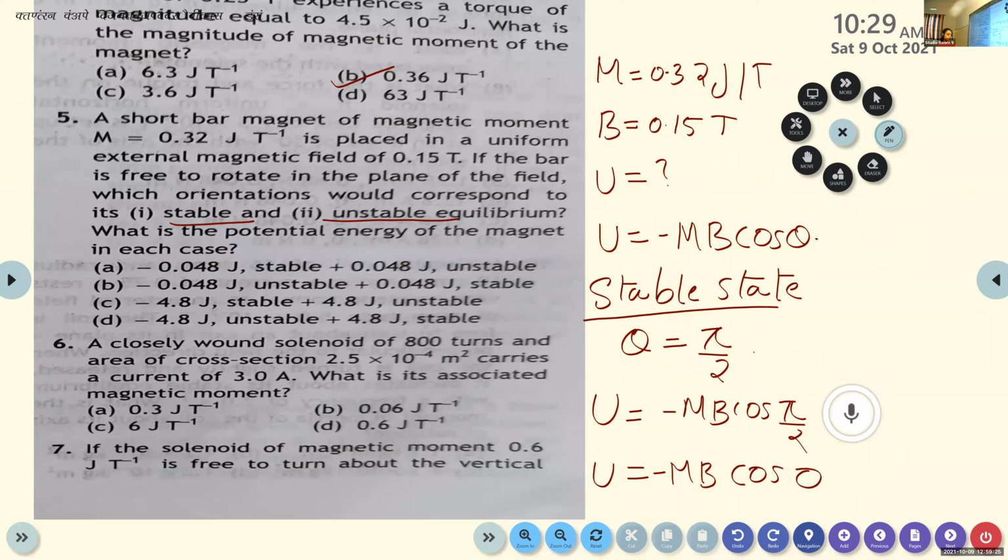Substitute the values and find an expression for potential energy. Krishna Chandran, potential energy minus 0.32 into 0.15.